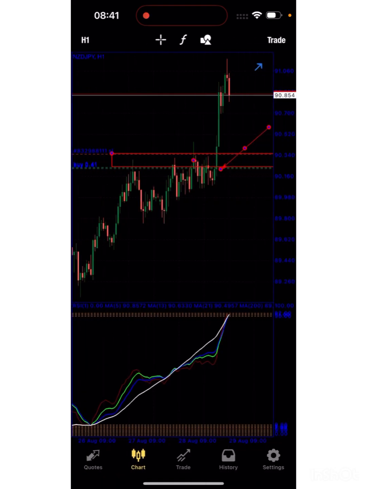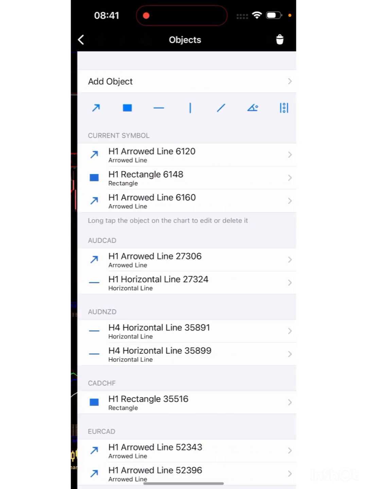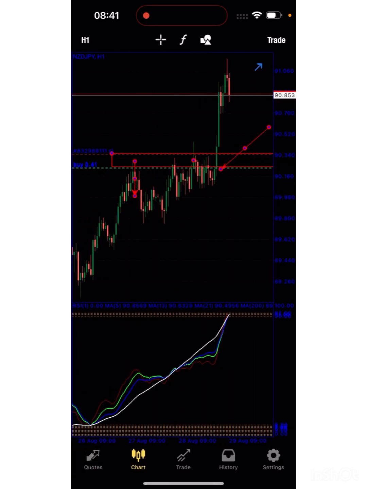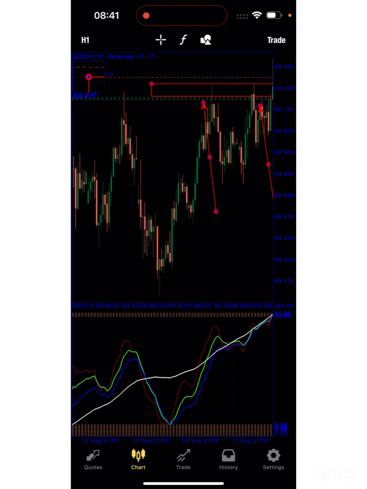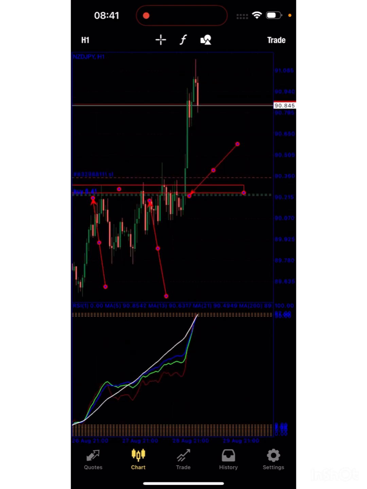It gave me the first touch and gave me the second touch, as you can see over here. And this one right here was like a fourth touch. And then after the fourth touch, I saw some breakout right here, and then I entered with the breakout. Guys, I love it. When it comes to breakouts, bro, I love the breakouts.